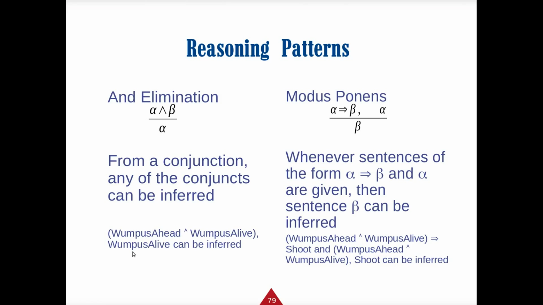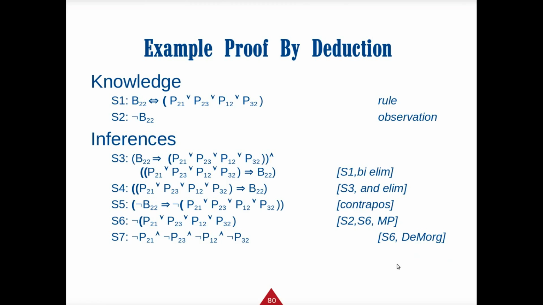This is the most important thing. And then, if a sentence is A implies B, and A, then given the sentence, B can be inferred. Basically what this is saying is, if there's a Wumpus ahead and a Wumpus alive, I can shoot. I'm going to make sure I kill the Wumpus because it's going to be there.